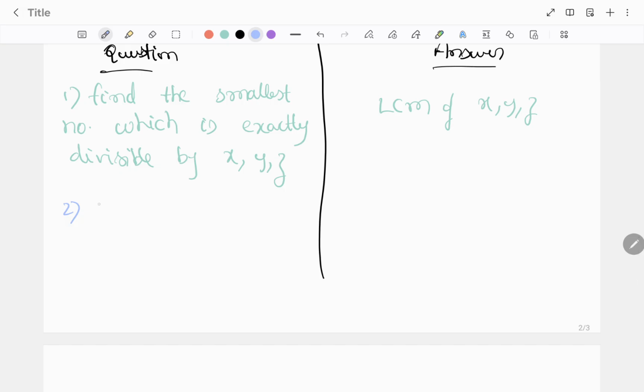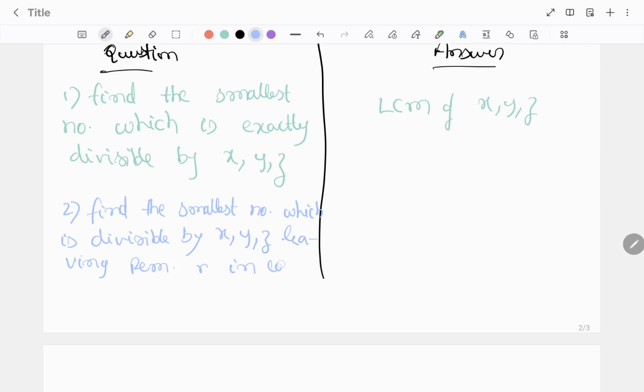Find the smallest number which is divisible by x, y, z, leaving remainder r in each case.